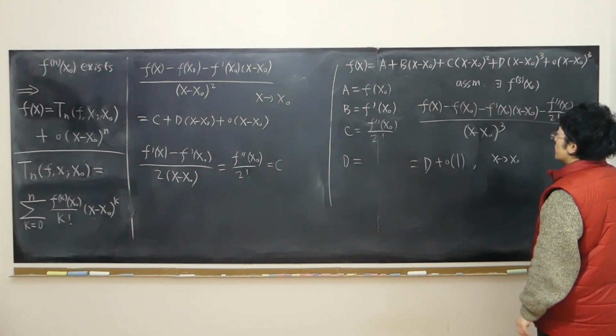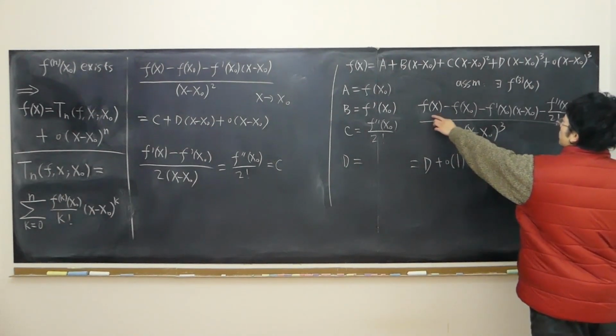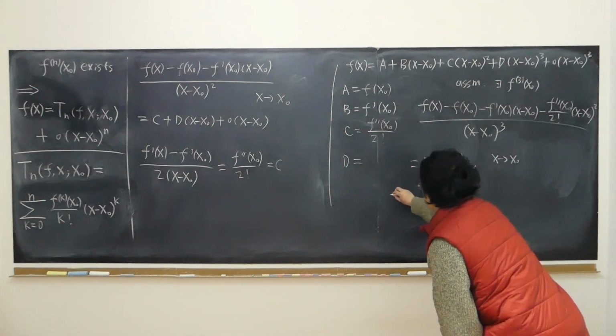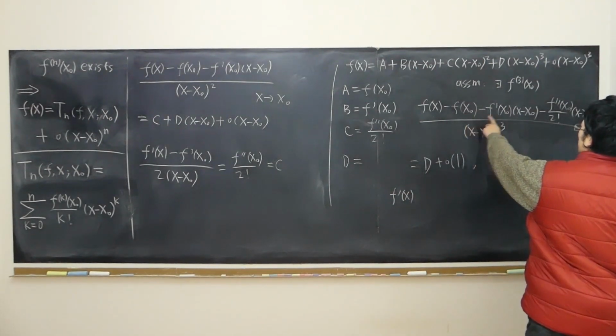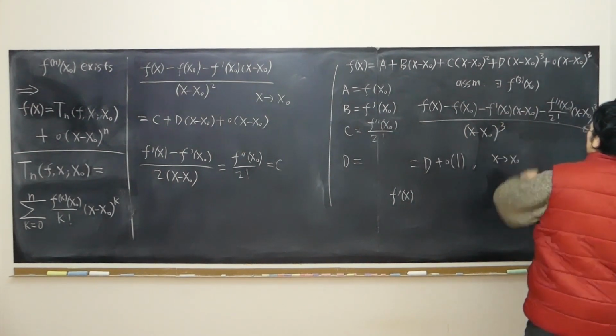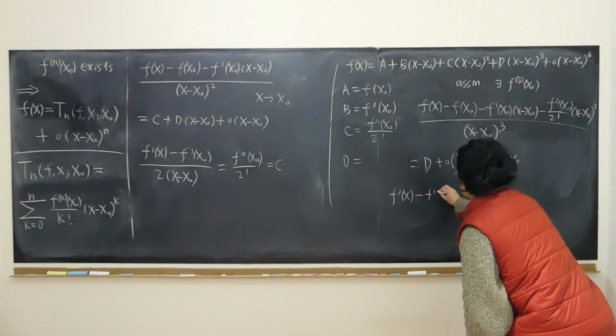Using L'Hopital's rule, we first differentiate the top. We have f dash of x, the constant term gone, minus f dash of x naught.